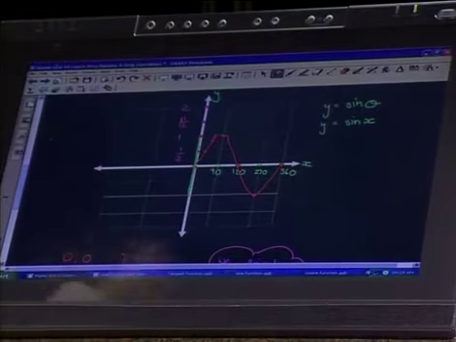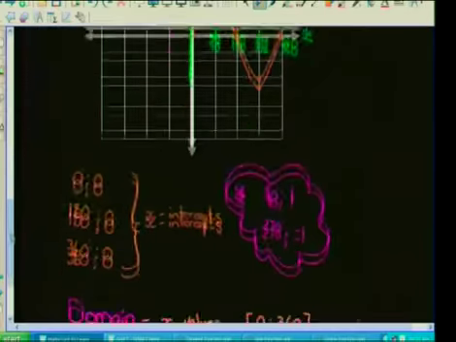Fabulous. How do we write that mathematically? That's where sometimes the trick comes in, that you know what the question is asking, but now how do we write it? And again, it's the same thing. You either write it in interval notation or in set builder, whichever you are more comfortable with. So let's do that now.